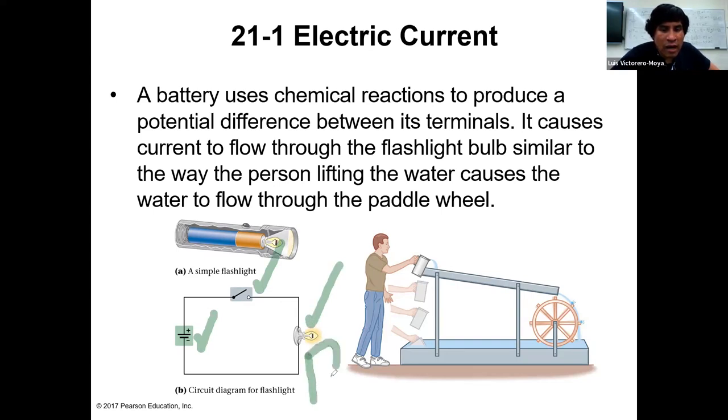We label it with R. The battery, normally we label it with V. Normally, not always. Why? Because in the next few slides, we're going to introduce the concept of E. What is this E?